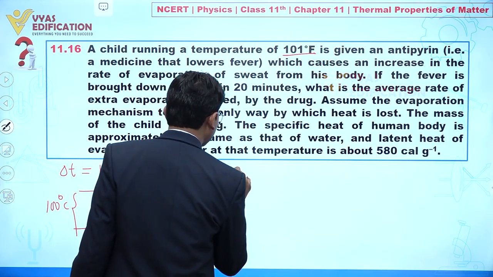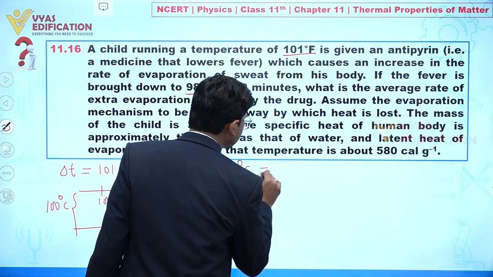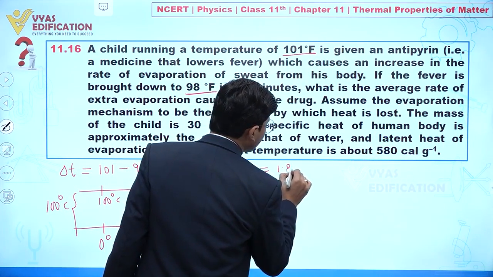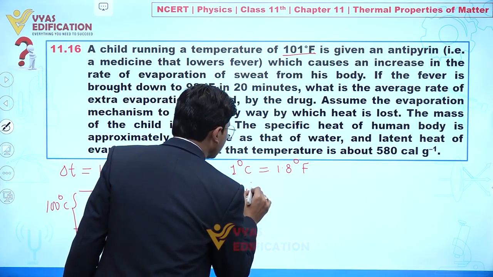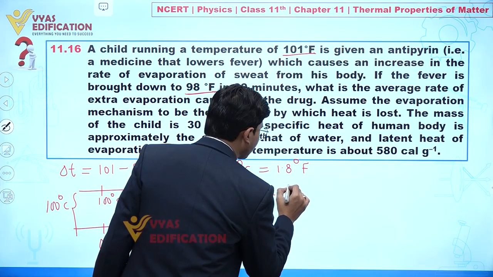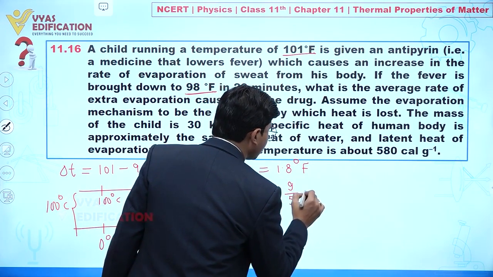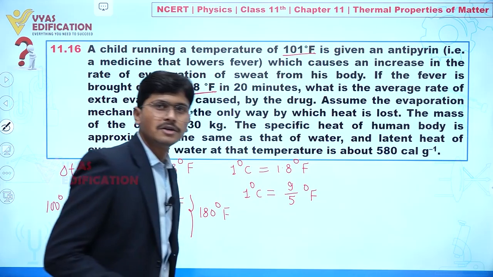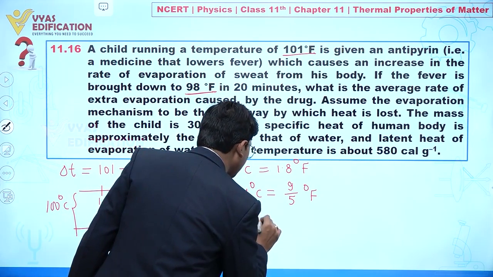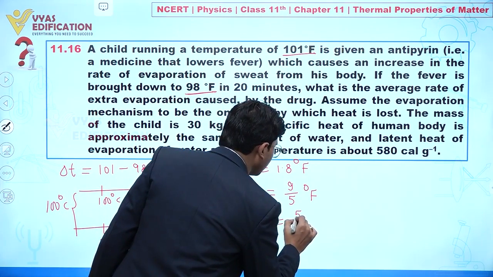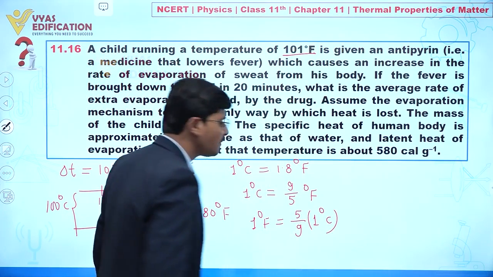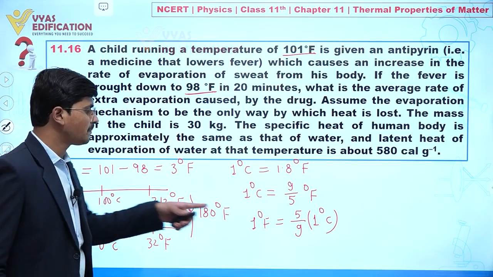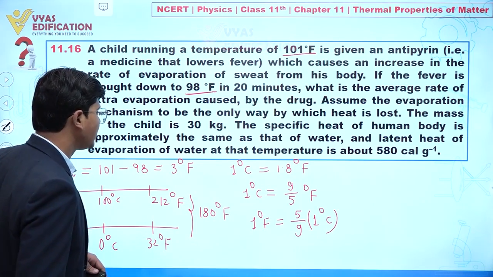From here, a 1 degree Celsius difference is equal to 1.8, or 9 by 5, degrees Fahrenheit. So 1 degree Fahrenheit equals 5 by 9 of 1 degree Celsius.